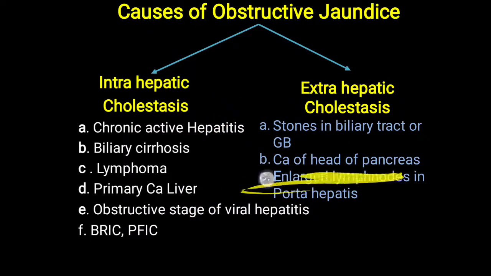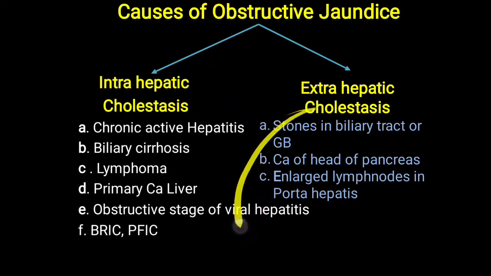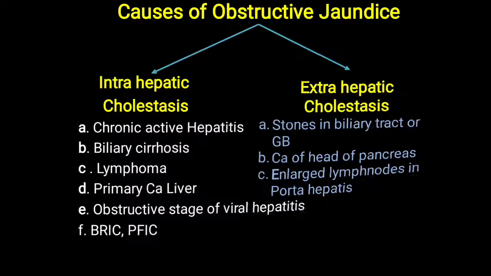In the same way, enlarged lymph nodes in the porta hepatis also lead to compression over the gallbladder and biliary canaliculi, and that can also lead to extrahepatic cholestasis, or obstructive type of jaundice. So these are the most common causes of the three important types of jaundice, that is hemolytic, hepatocellular, and obstructive jaundice, and their important causes.